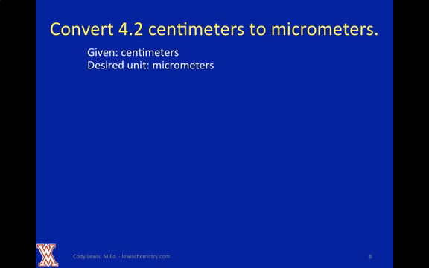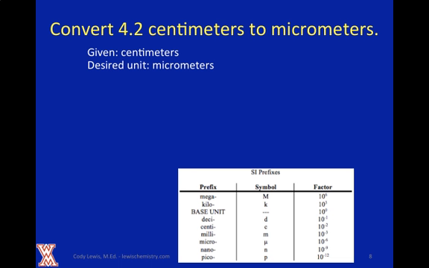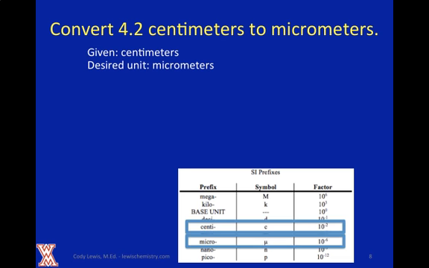We're going to get our conversion factor from this SI prefix table that you need to have memorized. And instead of just one equivalency factor and one conversion factor on this one, we're going to have 2. We need to have centi and micro. So the equivalency factors are going to look like this. 1 centimeter, remember, when making metric conversions, the unit with the prefix always gets a coefficient of 1.